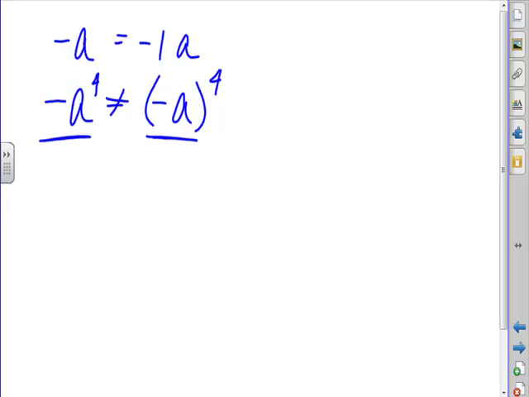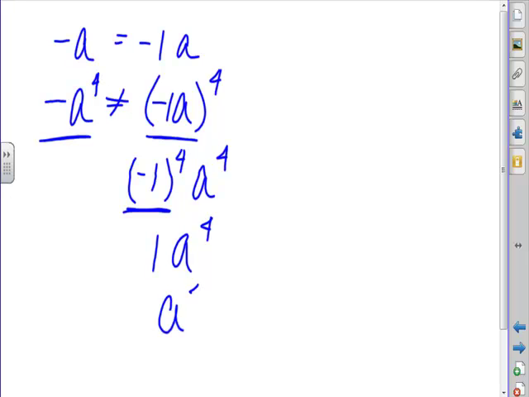But this, if you think about there being a 1 in here, is really negative 1 to the 4th times a to the 4th. And when we take a negative 1 times itself 4 times, that becomes a positive 1. So this is 1a to the 4th, usually just written as a to the 4th, which hopefully you can clearly see does not equal that, so we need to be careful.